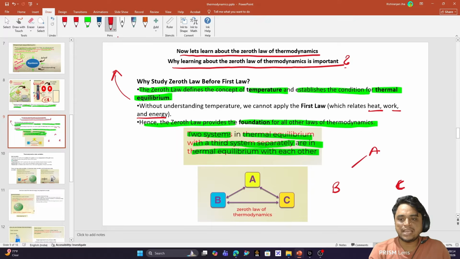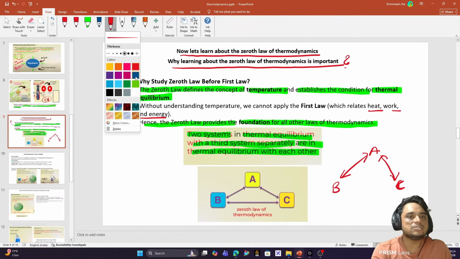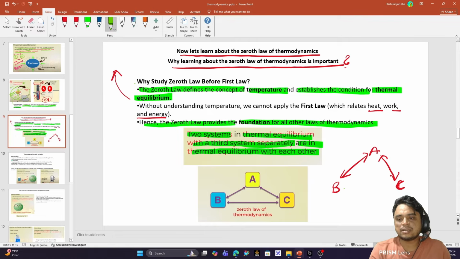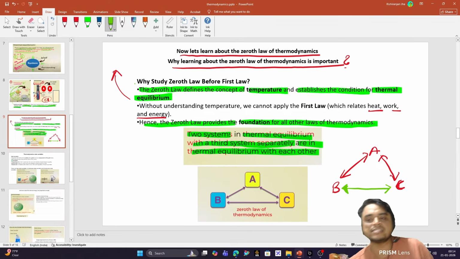If system A is in thermal equilibrium with B and system A is in thermal equilibrium with C, I can surely say that system B is in thermal equilibrium with system C. Why? Because this is the zeroth law of thermodynamics. This is what it states.